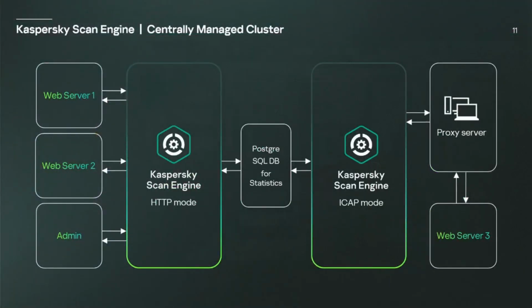And also, there is a single instance of PostgreSQL database that is used to keep scanning statistics. So if there is a requirement to have high availability topology or load balancing scheme, it can also be implemented using third-party solutions, such as, for example, HAProxy and Keepalived.